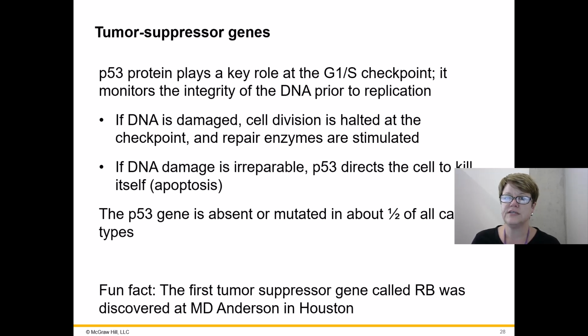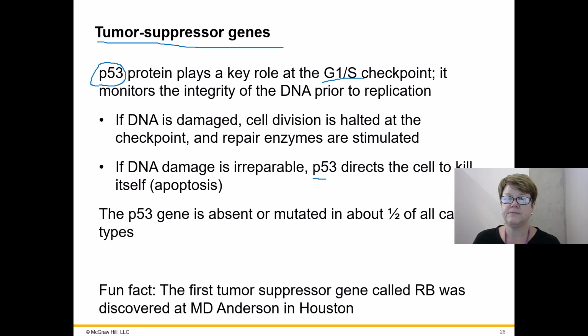The other type of gene that can be mutated to start a cell into this process is called the tumor suppressor genes. The most famous tumor suppressor gene, arguably, is called P53. P53 is important at the G1/S checkpoint, and if it gets mutated, then it doesn't function properly at the G1/S checkpoint. So normally if a cell's DNA is damaged, it can stop and repair the DNA.